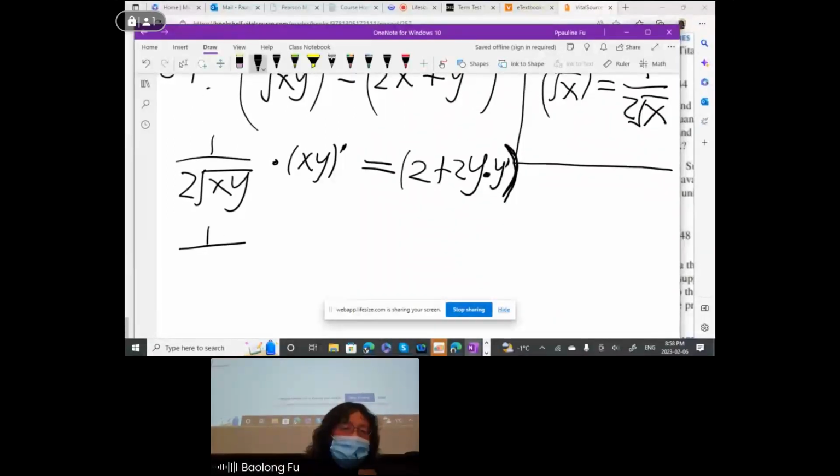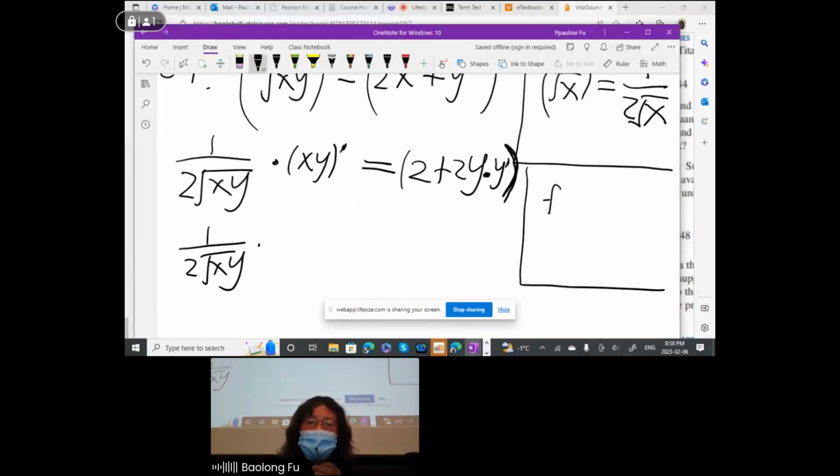Continue with the left-hand side. And then for the derivative of xy, you apply the product rule, the derivative of fg.